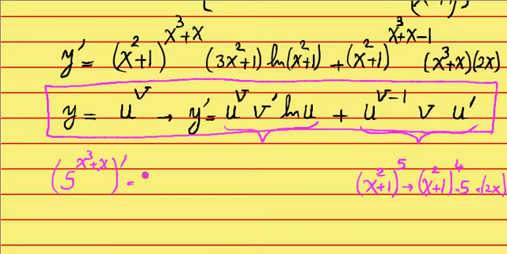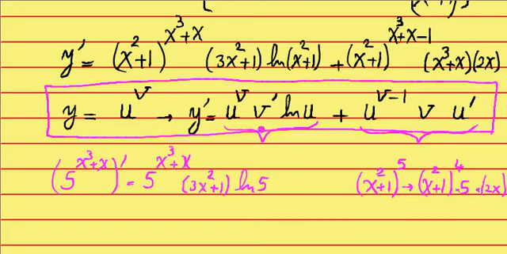You would have copied it through, by the chain rule. You would have multiplied by the derivative of the exponent there, which is 3x squared plus 1, and then by the rule we just mentioned at the beginning of the hour, we would have multiplied by the logarithm of the base. That's the logarithm of 5.